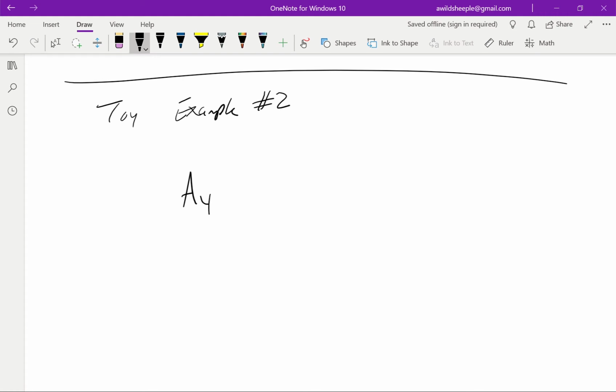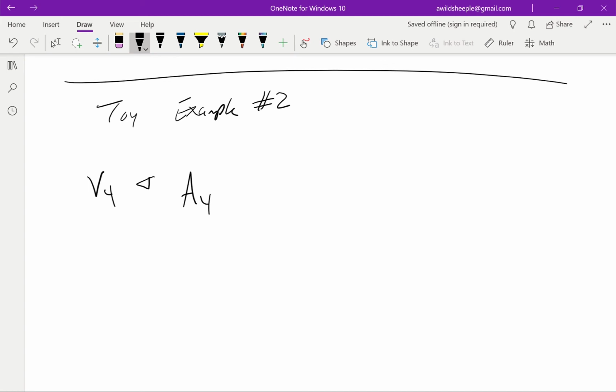And A4 has a normal subgroup, which is the Klein 4 group. That's usually written as V4. And V4 is just the double transpositions. At least that's the way it sits in A4.